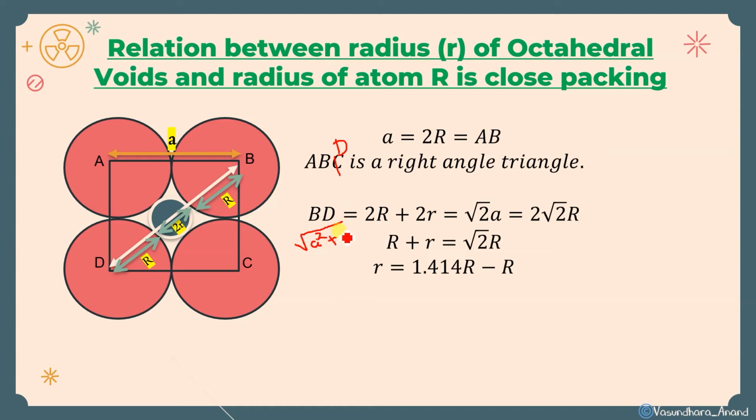So the total is equal to 2A square. And that means BD will be root 2 times A. And A we got as 2R. So can I put the value? Instead of A I have written 2R, so it can be 2 root 2 R, isn't it?